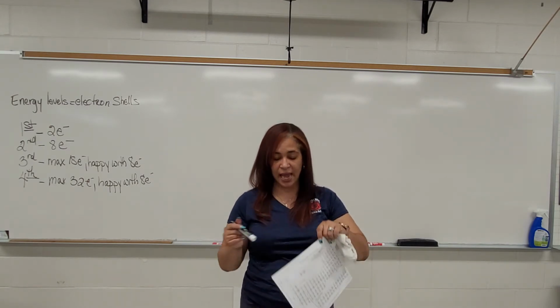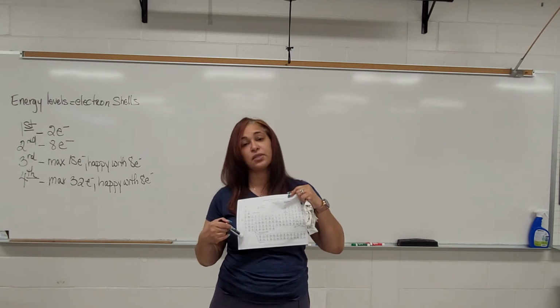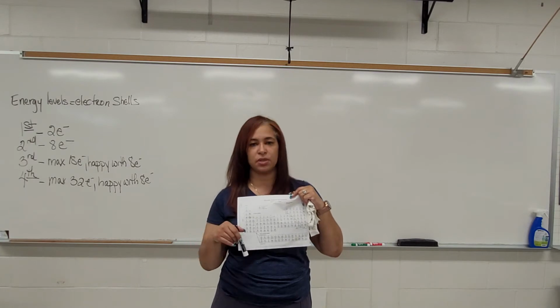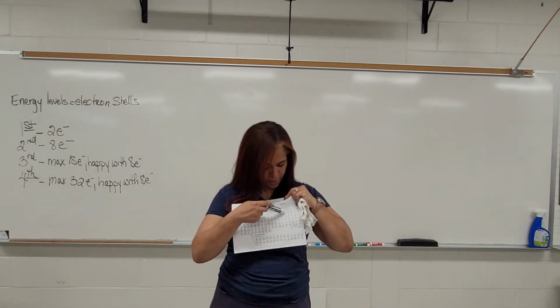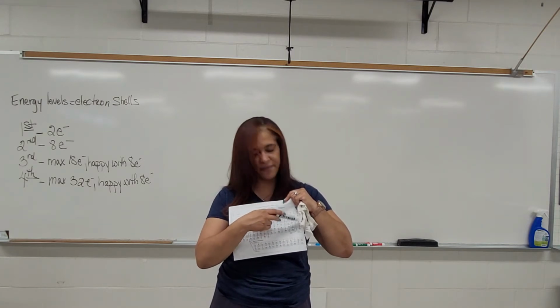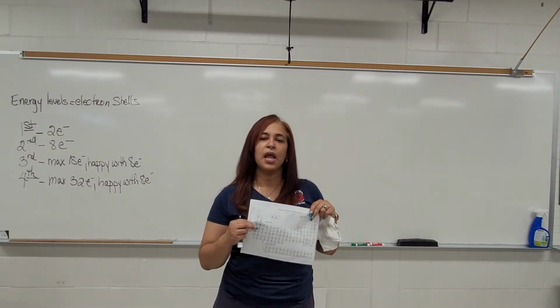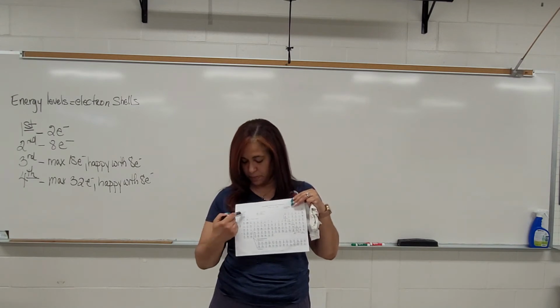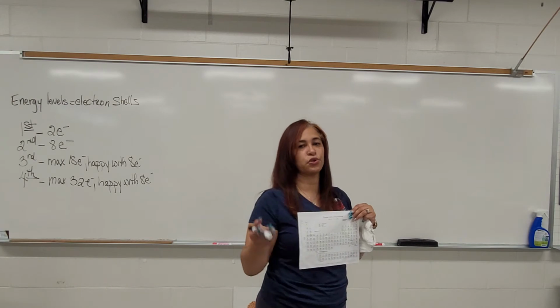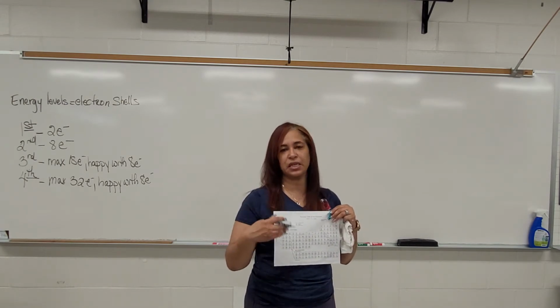So if you're looking at group 1, it has 1 electron in its outer shell. Group 2 has 2 electrons in the outer shell. Group 3 has 3 electrons, 4 has 4, 5 has 5, 6 has 6, 7 has 7, and 8 has 8. And then when we're looking at the periods going across, the periods equal the number of electron shells or energy levels that particular element has.